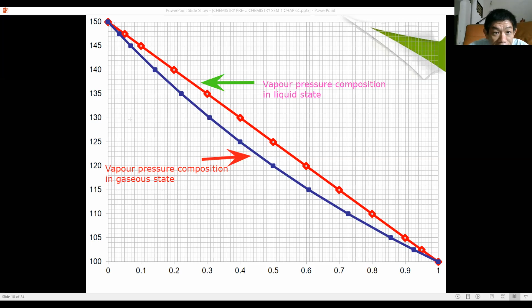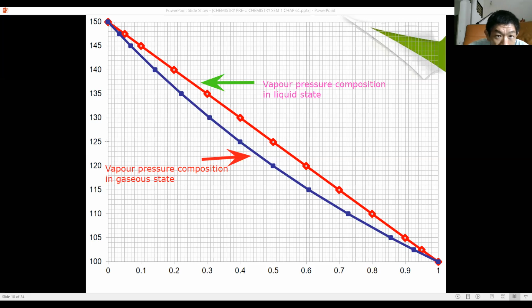It means that, let's say, if we had 130 kilopascal total pressure, under the same vapor pressure of 130 kilopascal. Actually I used 125 just now.